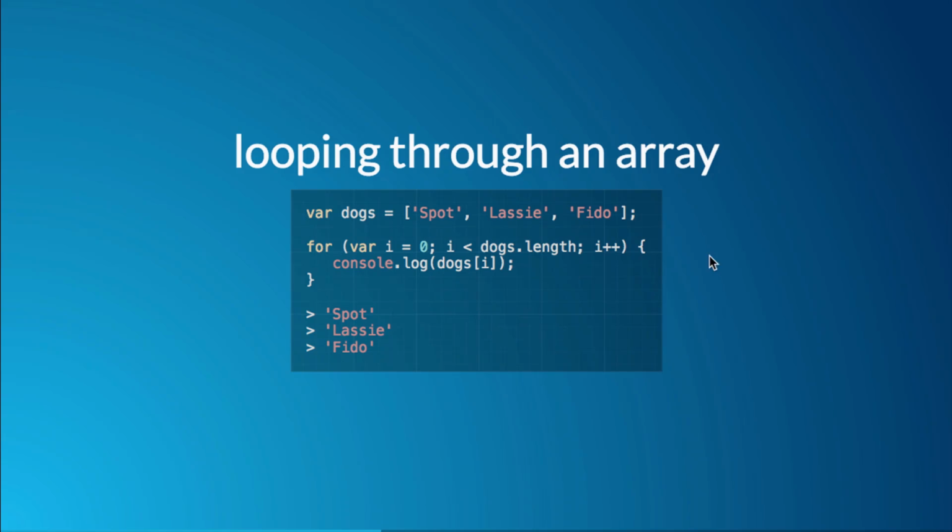Either way, here's looping through an array. Same concept. We start with i being equal to 0, and then like I said before, we can test the array length, and even if we don't know how big that array is, we can loop through all the items. So in this case, you want to use less than and not equal to, because I started with 0.